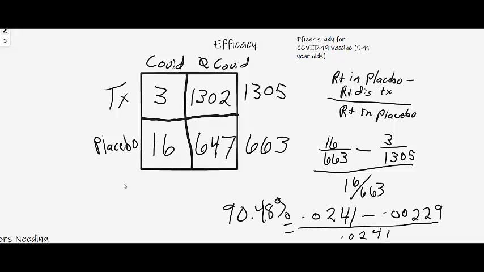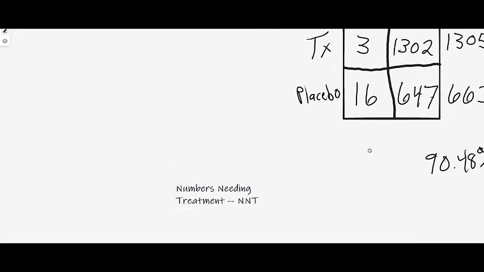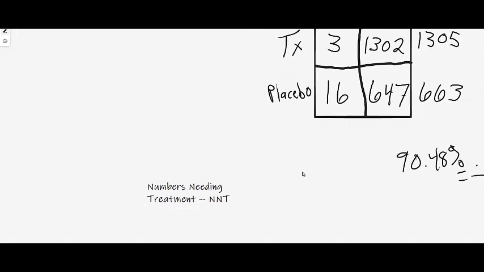Now, in a prevention measure, like vaccinations, we also need to be able to calculate how many people are going to get the vaccine or the treatment that wouldn't have gotten the disease anyway, therefore requiring us to vaccinate more people than what's required to prevent one person from getting disease. And that's a calculation that we call numbers needing treatment, or NNT.